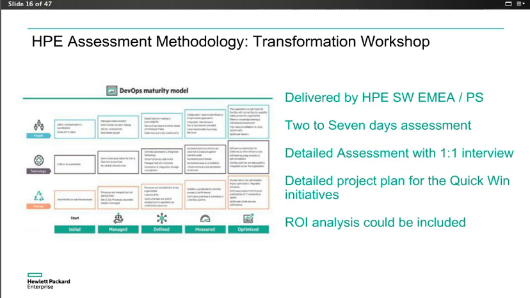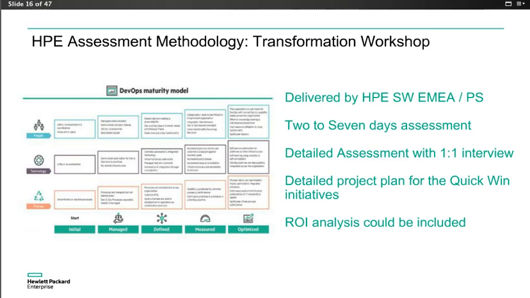The second part is technology: what technology is in place, and what technology is missing for the target status of DevOps. And the last one is about processes: how we should or have to change the current processes, or whether we can leverage these processes and use them to be supportive of DevOps.